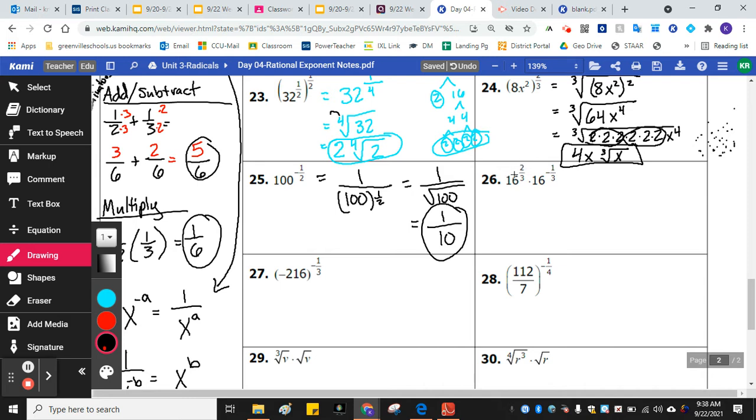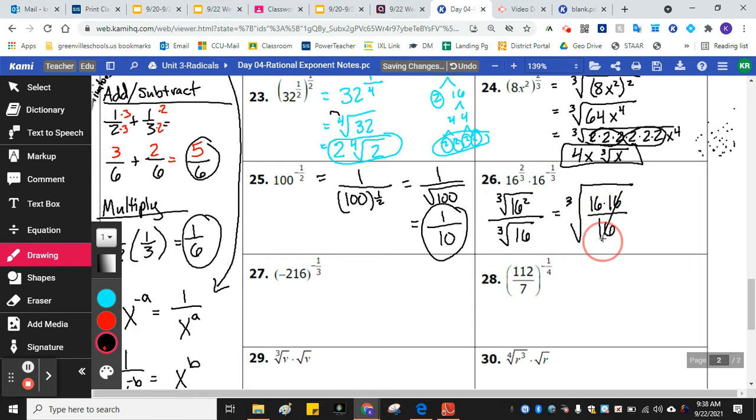All right, we're taking the cube root of 16 squared times, this is negative, so I'm going to drop it to the bottom. It can go to the bottom of this fraction. The cube root of 16. So it's the cube root of the whole thing. 16 squared is 16 times 16 over 16.